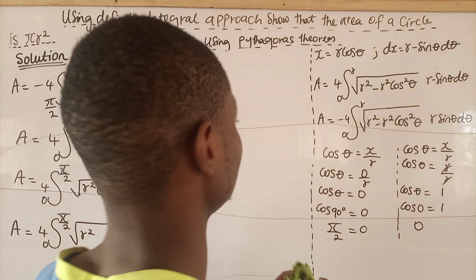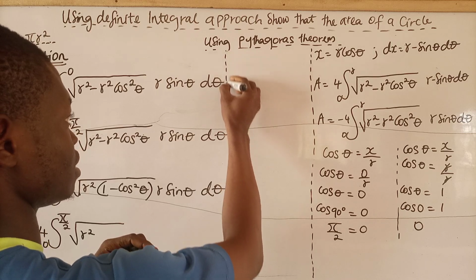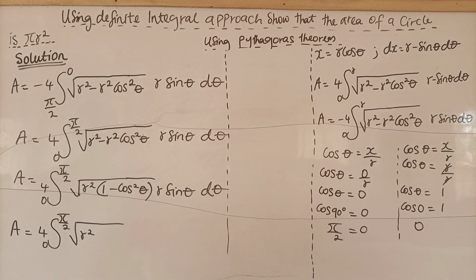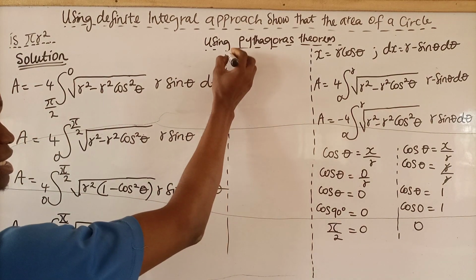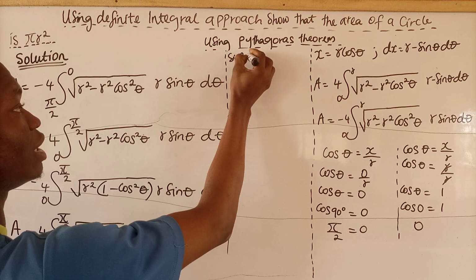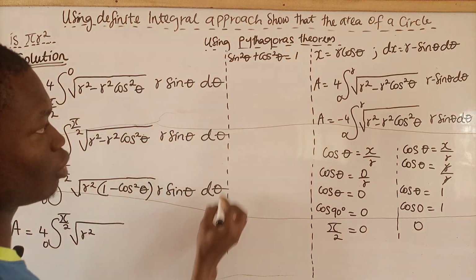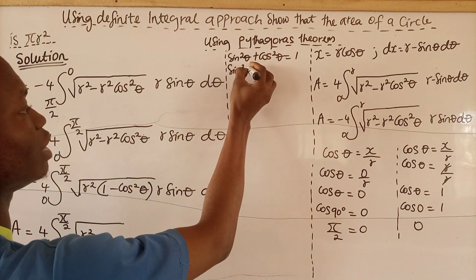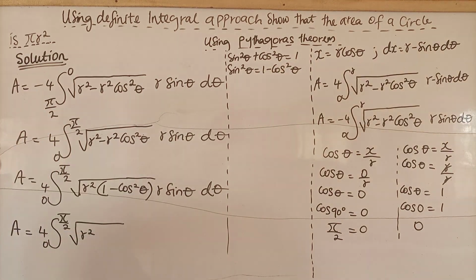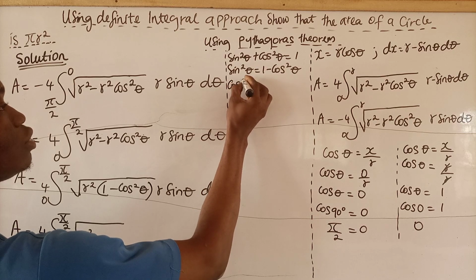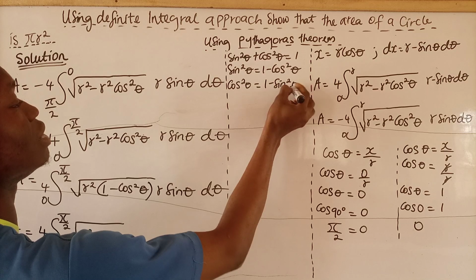Let me write it this side. Okay, should I write it here? Will it confuse you? Let me write it here. We have 3 identities that say sine squared theta plus cos squared theta is equal to 1, and sine squared theta is equal to 1 minus cos squared theta, and cos squared theta is equal to 1 minus sine squared theta.